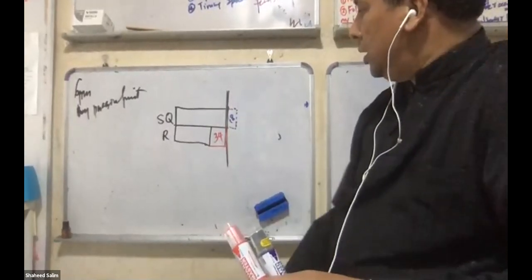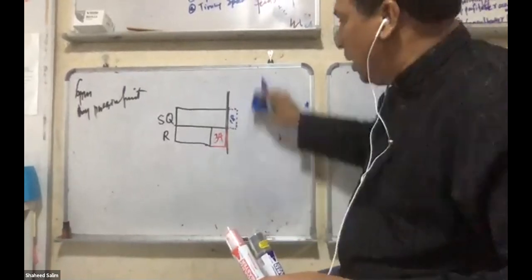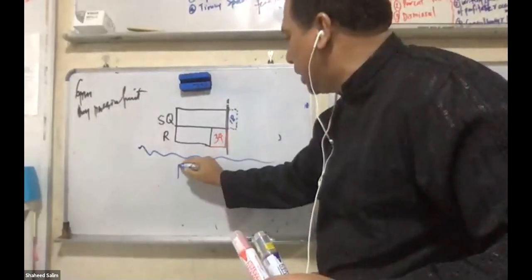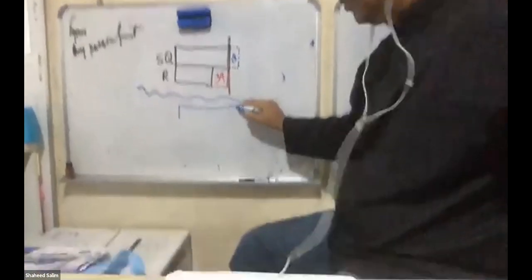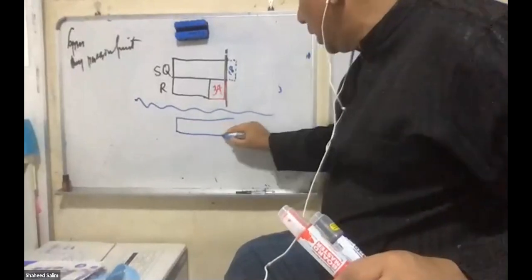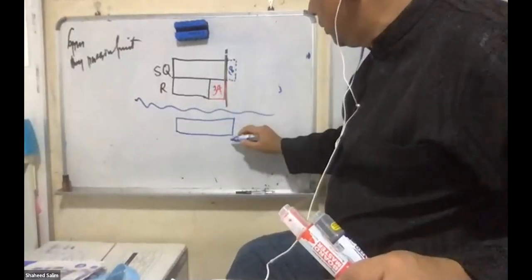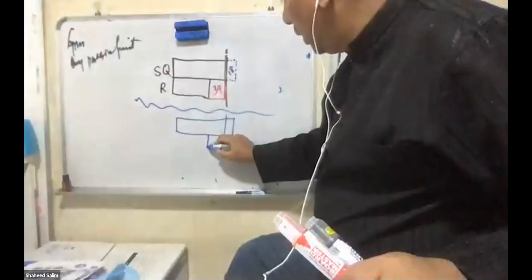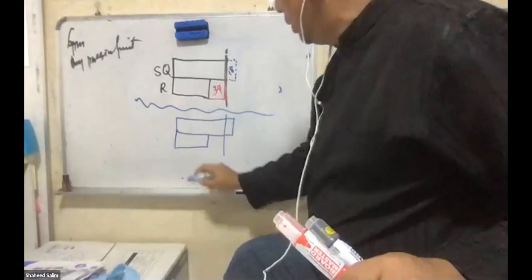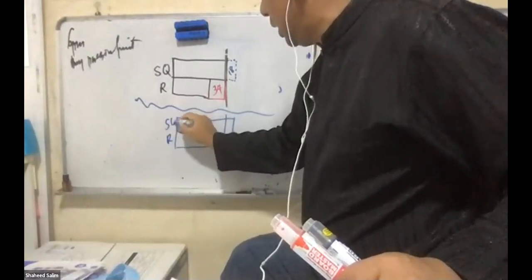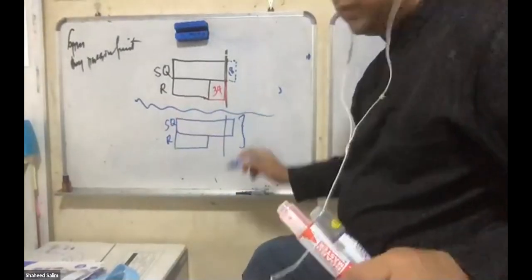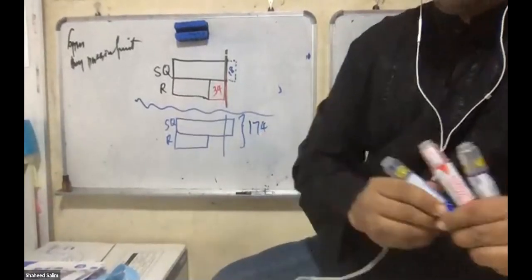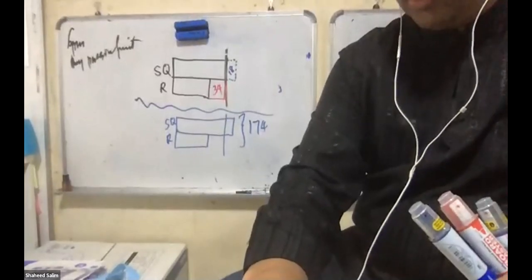So let us go to the original amount. The original amount was like this. You can see that. Here, this original amount, Royston and Songchi, the whole thing equals 174. Now, what do we need to do?